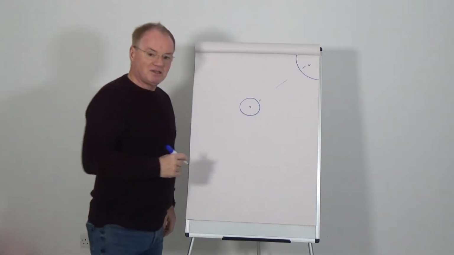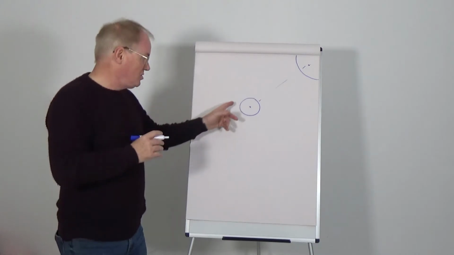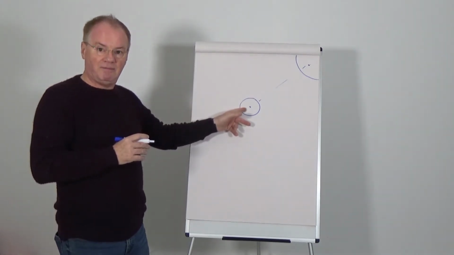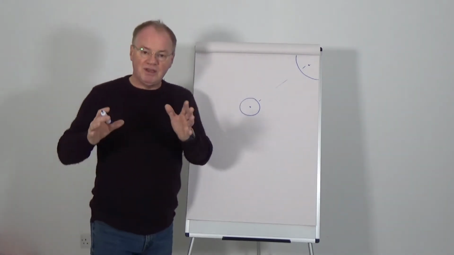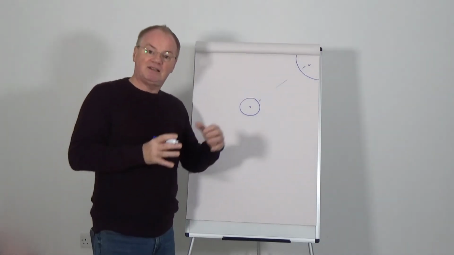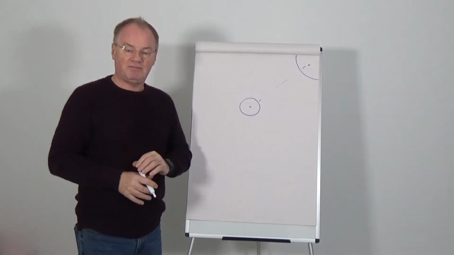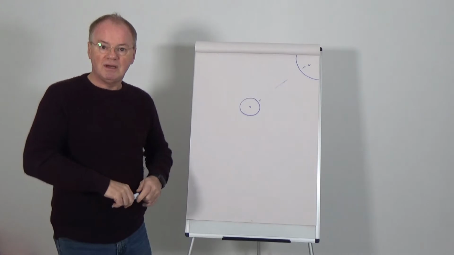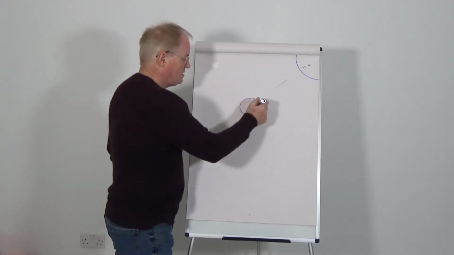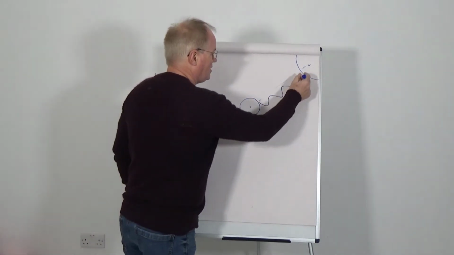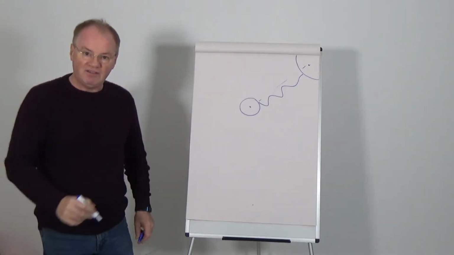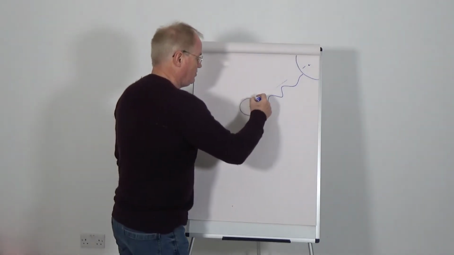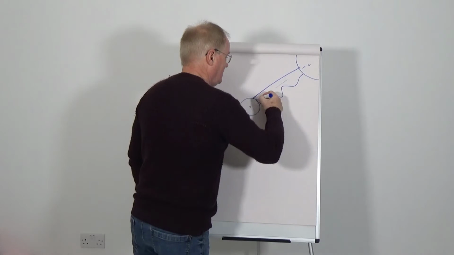Now, what happens is a couple of things can change the value of this particular area. One is within the private sector, and the second is within the public sector. So let's assume that there's a winding country road here, and the government decides that they're going to put in a main link here.